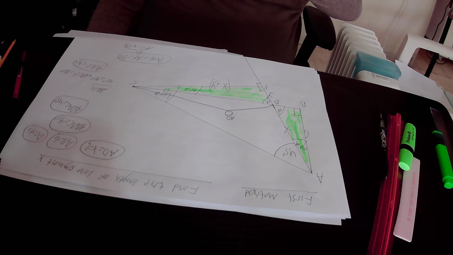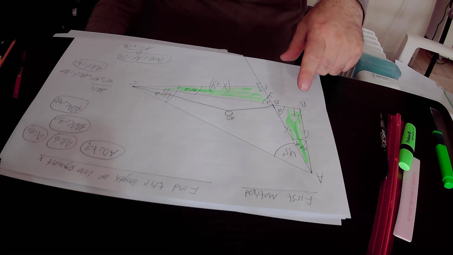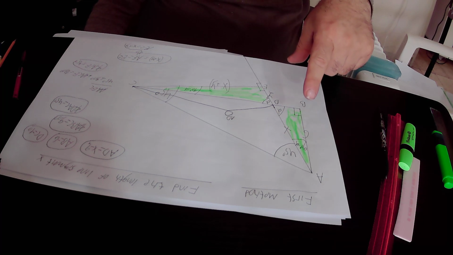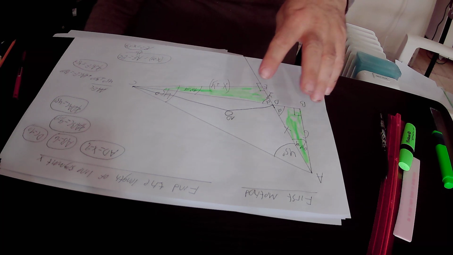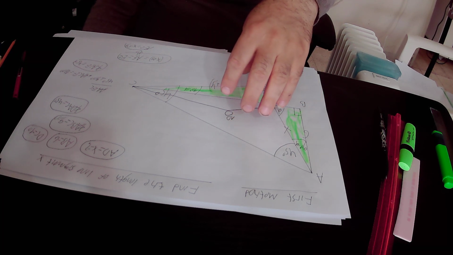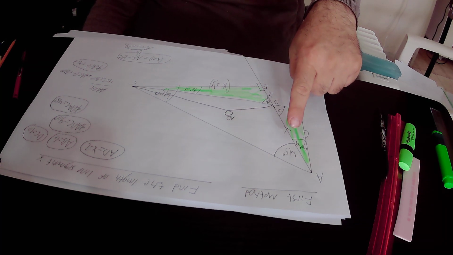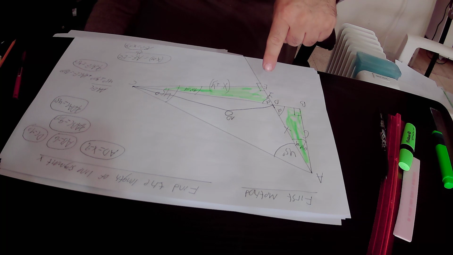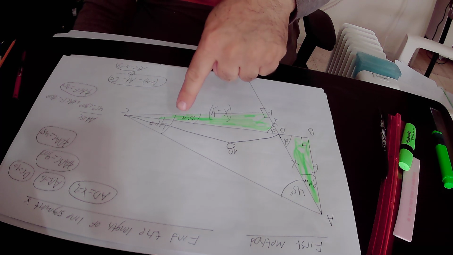And here in the right triangle AEC, the sum of the angles must be equal to 180 degrees. So which angles do we have in this right triangle AEC? We have one angle that is equal to 45 degrees, we have a second angle that is equal to 90 degrees, and we have the missing angle ACE.